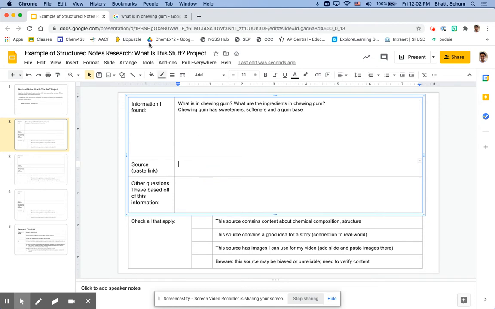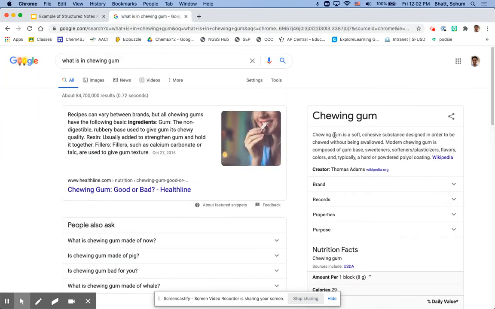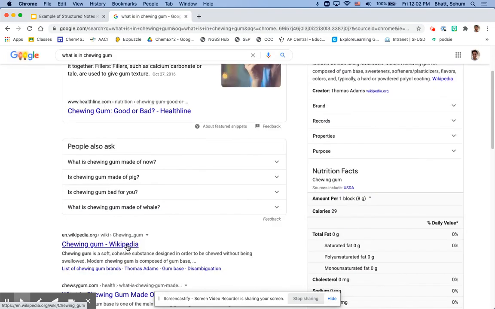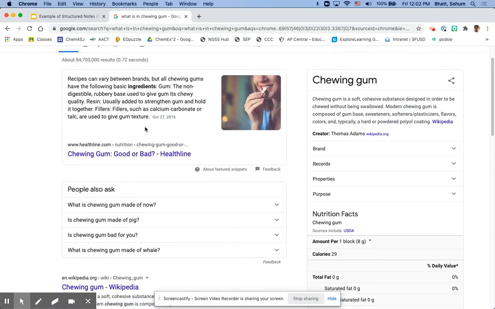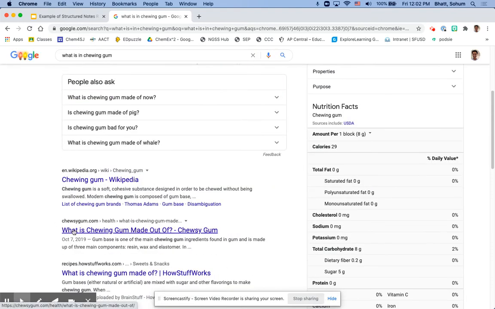Let's go ahead and get a source. This source seems to be Wikipedia, which isn't necessarily the best source. So I'm going to look for something else.